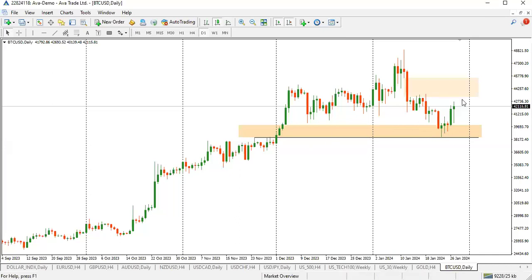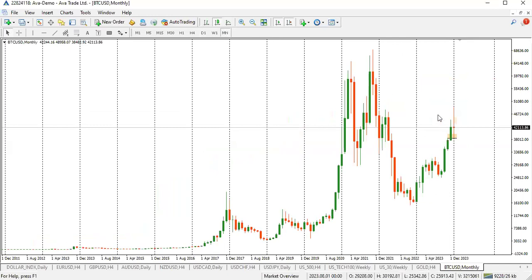It has done that. So the bull market has started, and my area of interest is this area here, around 53 to 55,000 for Bitcoin. For taking out this high, I don't see that in the cards.